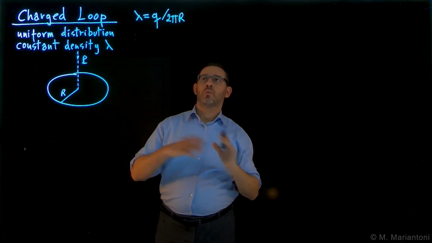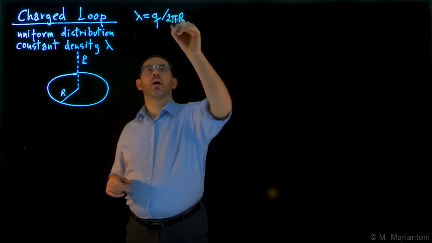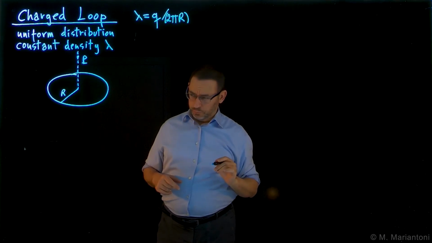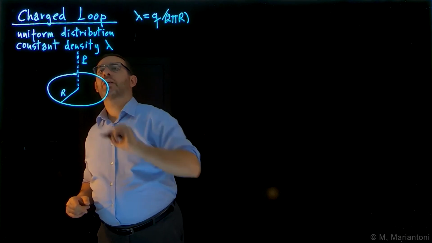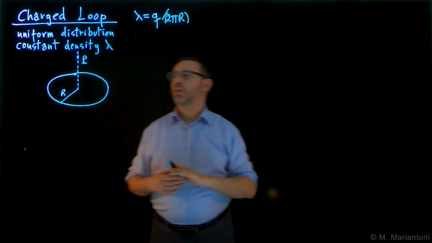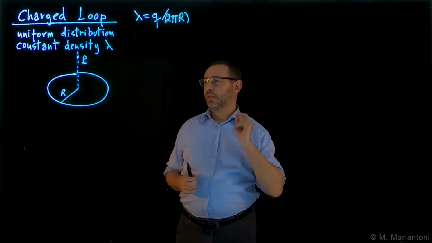So it's very simple. We just divide the total charge by the length of the circle, 2 pi capital R. Okay, so that's what we have for lambda. And so we want to find the electrostatic field at this point here in space. I will rewrite this question in a minute after the rest of the sketch is done. So we want to find the electrostatic field at point capital P.